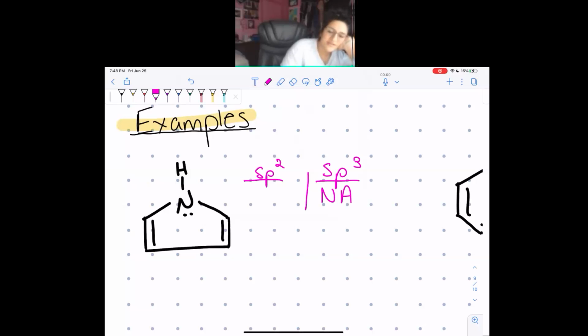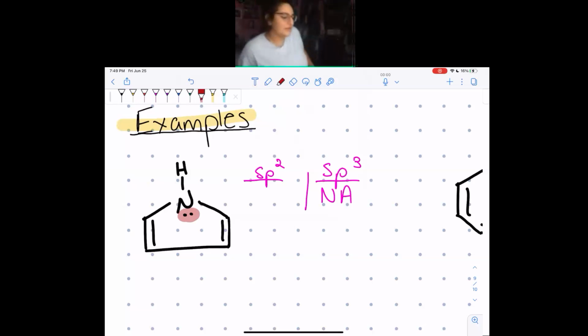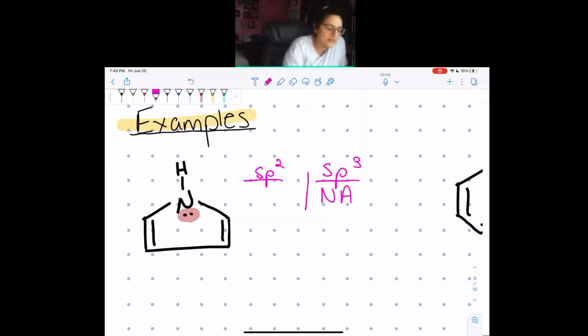However, if it's sp2, then it is fully conjugated and it donates one pair of electrons. So in this case, if it's sp2, we have 1, 2, 3, 4, 5, 6 pi electrons.